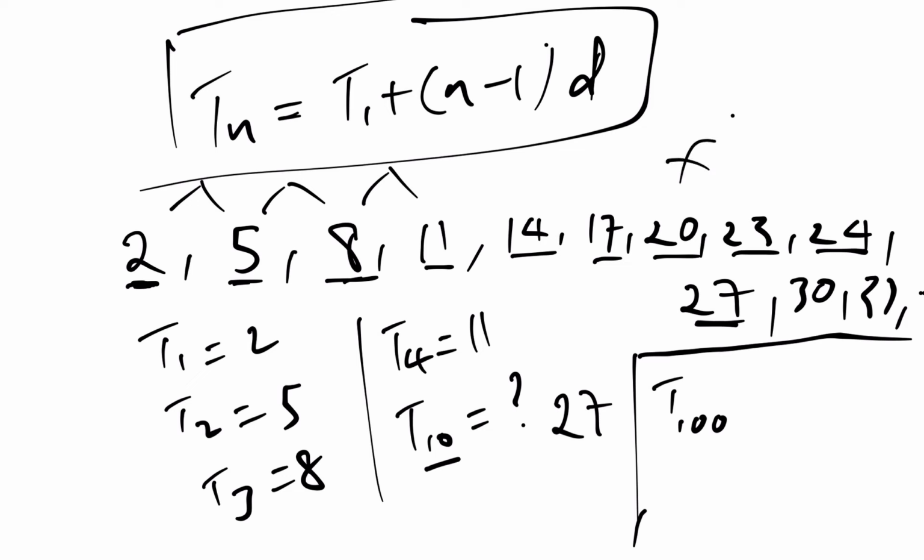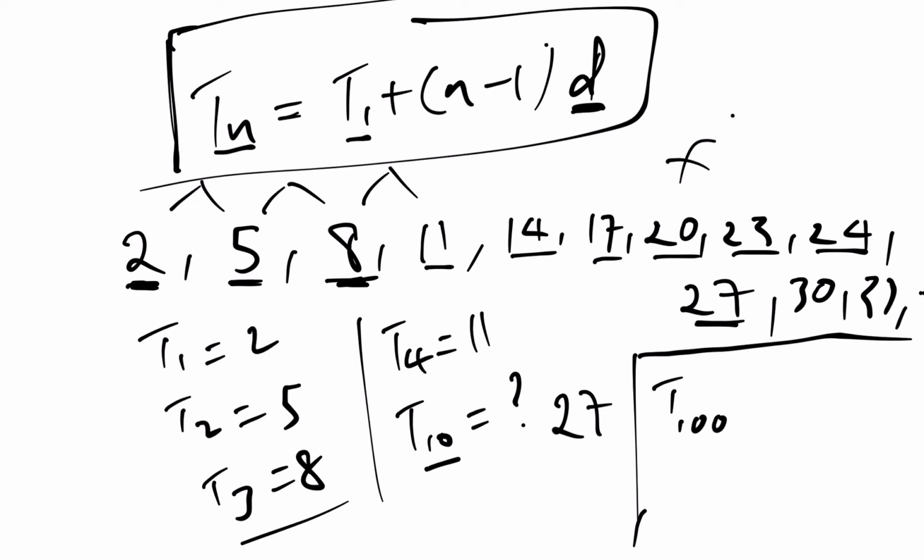It is a method that you can easily use, especially if you have to find maybe term number 3. It's easy that way. You just use inspection and say this is the first term, second term, so it is term number 3. So that's why we then bring the use of this general formula here, which says Tn is equal to T1 plus, in brackets, n minus 1, in brackets again d, where d represents or denotes the common difference.